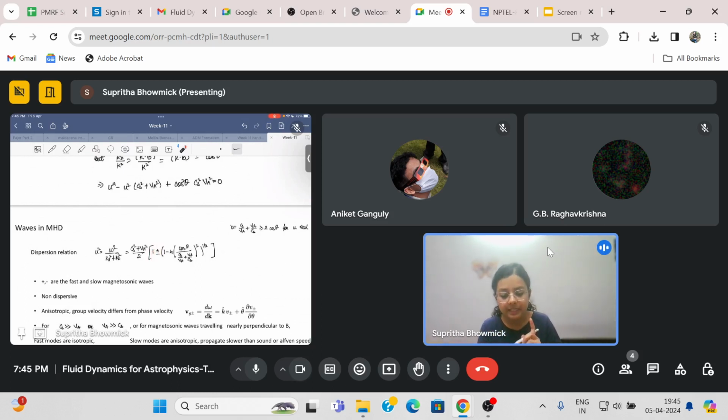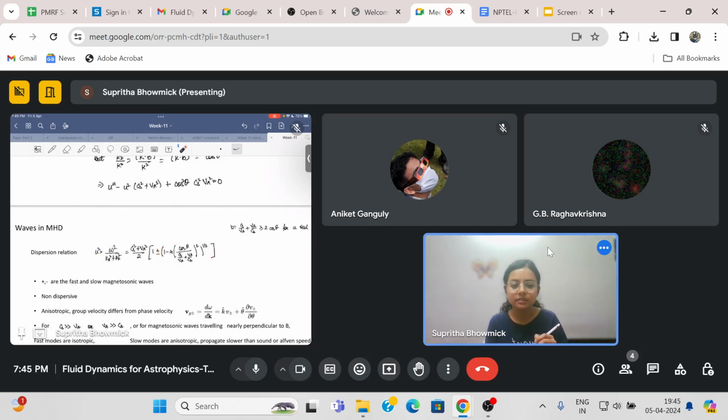Now we say that these two modes correspond to the fast and the slow magnetosonic wave. How do we know which is which? The velocity u corresponding to the plus is greater than the u corresponding to the minus, because clearly this quantity has to be less than 1.